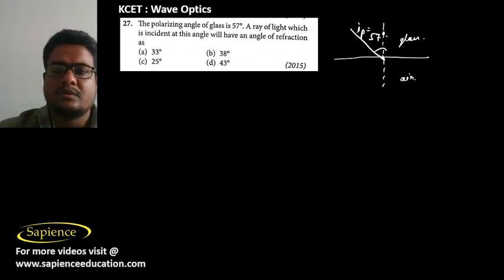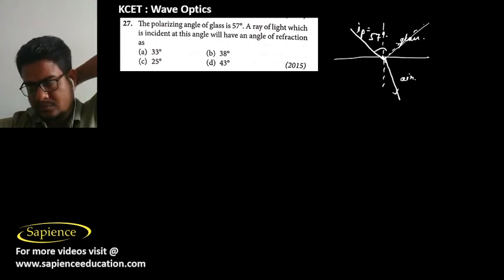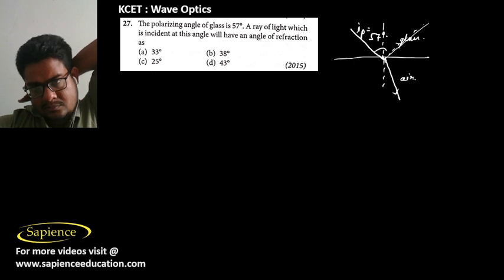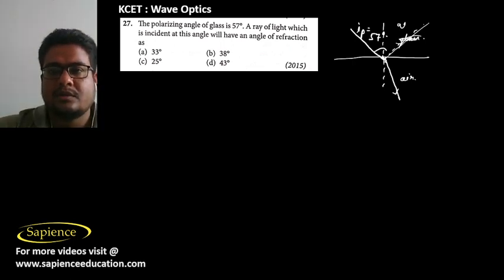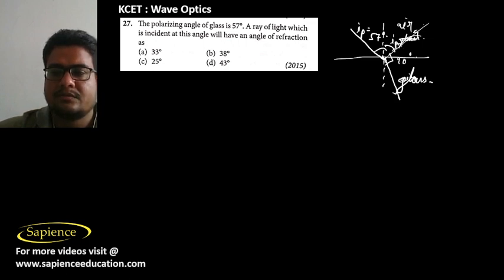So here what will happen? The reflected ray and the refracted ray will be at right angles. Here we have air and here we have glass. So this angle is 90 degree. This is IP for reflection. This is the reflected ray, which means there is partial reflection and partial refraction. The refracted ray is completely polarized.